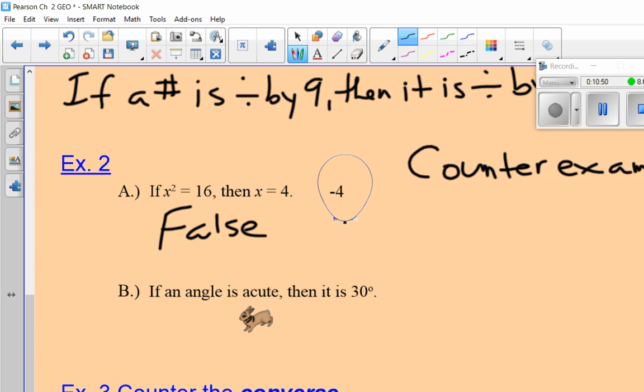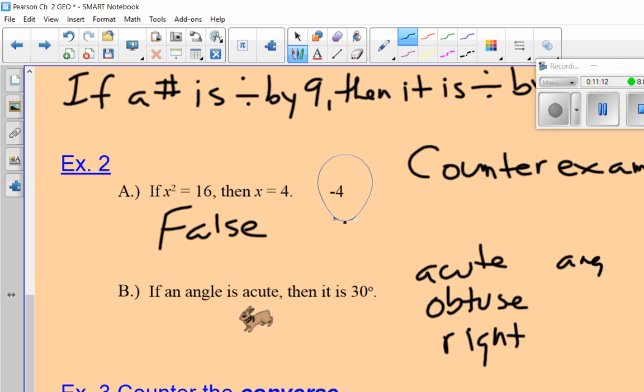If an angle is acute, then it is 30 degrees. Remember acute: if we go back to our first chapter, we had angles that were acute, obtuse, and right. The definition for acute is that an angle is less than 90 degrees.